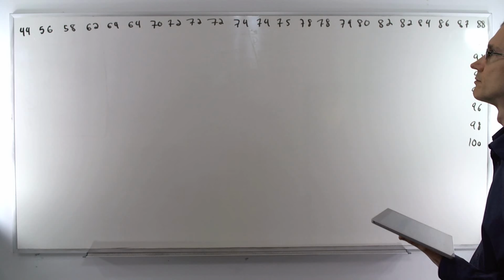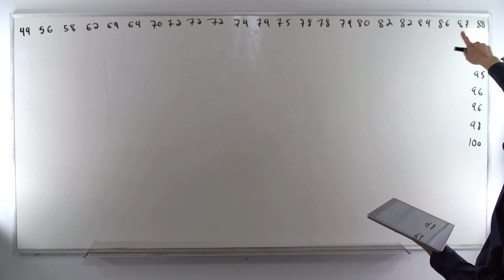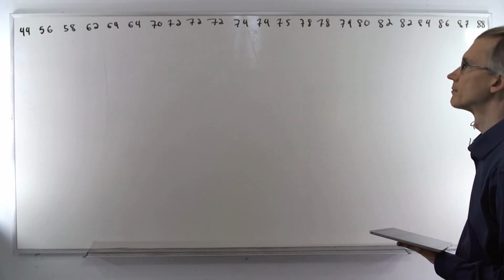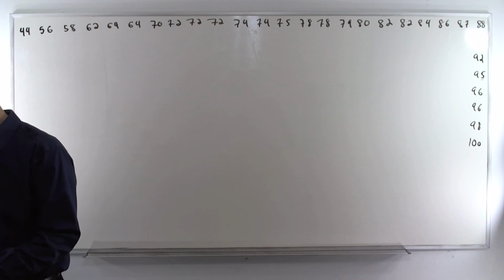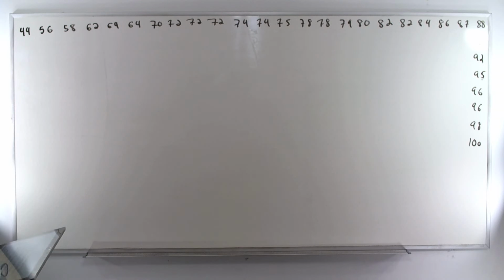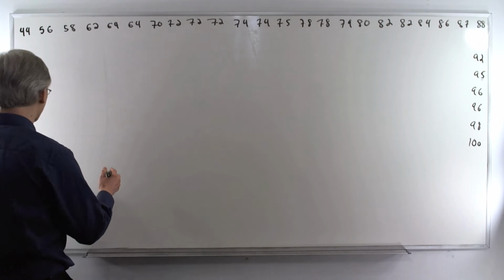So here's our 30 values. Couldn't quite fit them across the top, so I had to go down the corner there. So these are all in order. All right, now what we are going to do with this data set is we're going to find the value corresponding to a percentile.